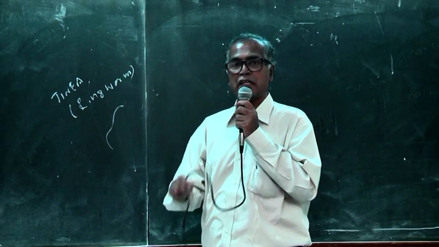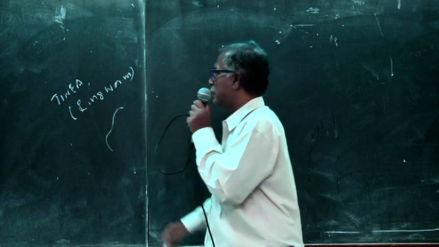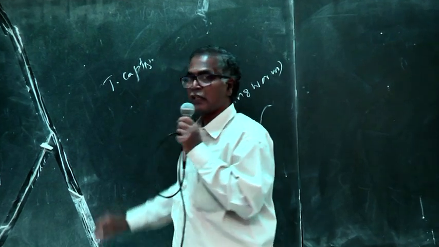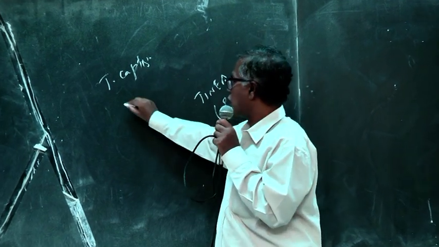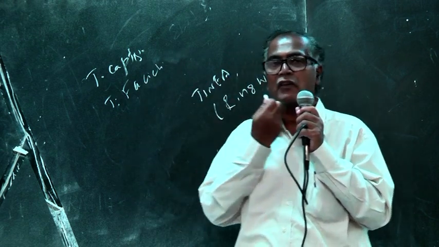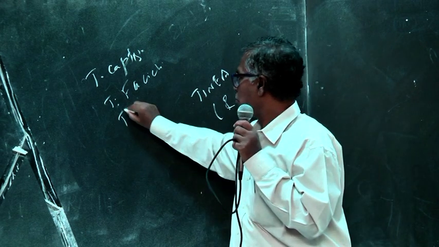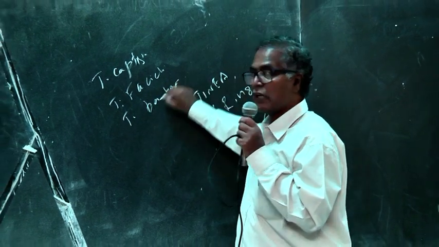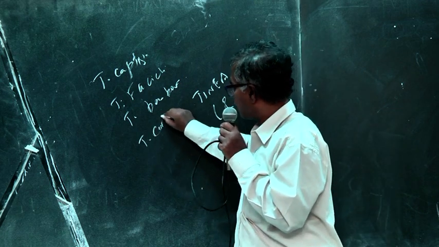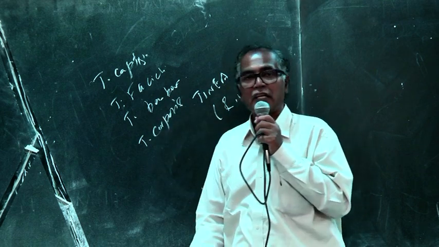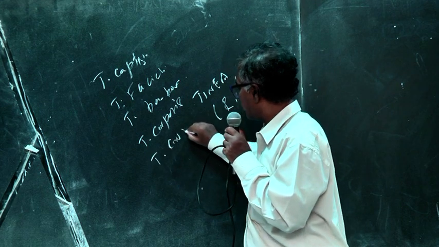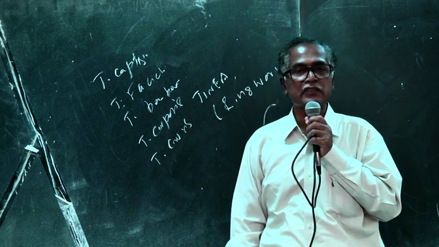For example, infection of the scalp is called tinea capitis. Face infection is called tinea facialis. Infection of the beard area is called tinea barbae. Infection of the body is called tinea corporis. Infection of the groin is called tinea cruris, otherwise called jock itch.